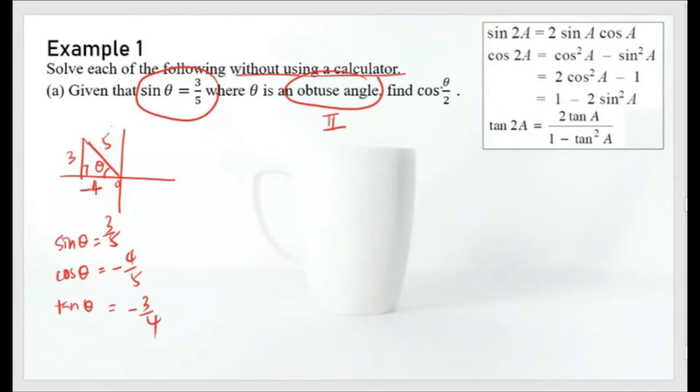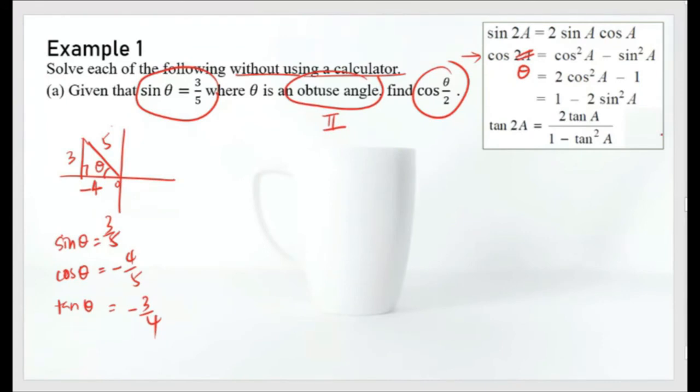Then he wants you to find cos theta over 2. So this is a half angle, right? Don't worry, we can do it straightforwardly from the formula given to us. This is the double angle formula, so we change it to theta. Which one is easier for you, the first, second, or third?